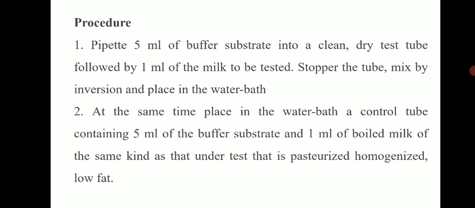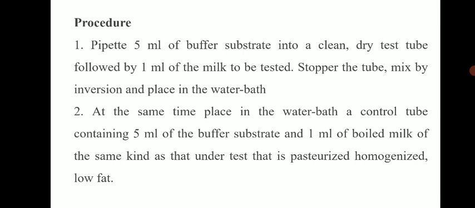So you first pipette out 5 ml of buffer substrate into a clean dry test tube, followed by 1 ml of milk that is to be tested. Then you stopper the tube, mix by inversion and place it in a water bath.